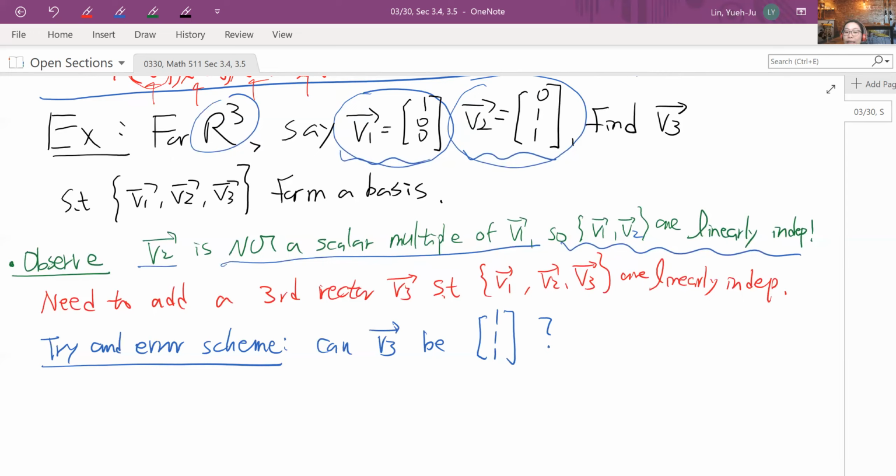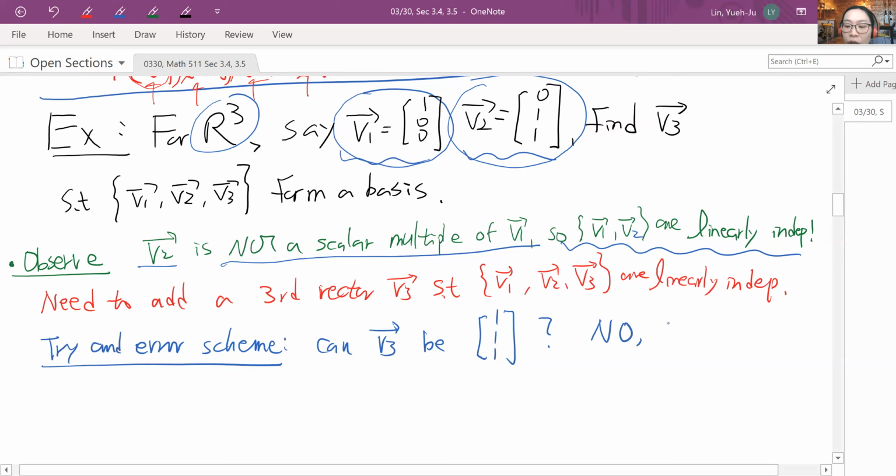Yeah. So basically, this is also my trial and error scheme: to tell you what things not to do. If you pick (1, 1, 1), of course, this cannot be your third candidate, because then it would not be linearly independent with V1 and V2. So the answer is no, since V3 in this case would be just V1 plus V2.